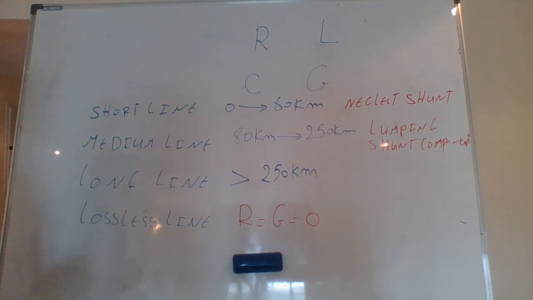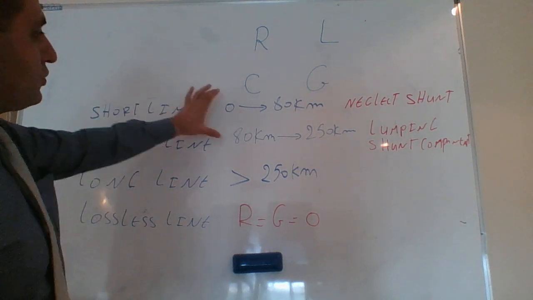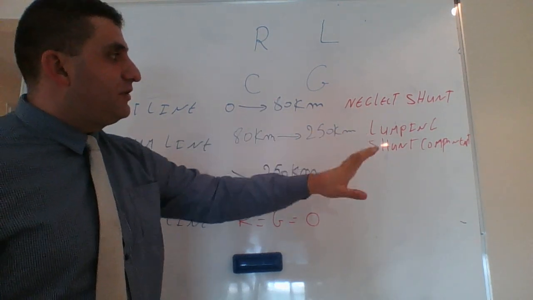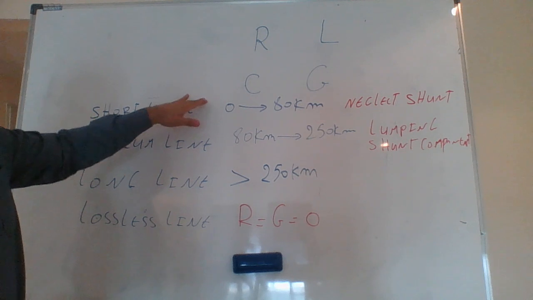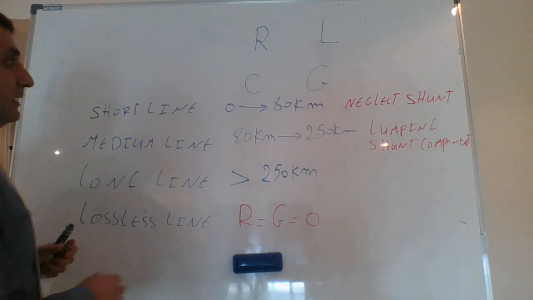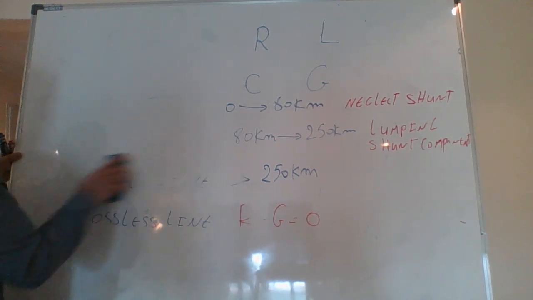Is that clear? Okay, great. I need you to focus on these numbers: 0 to 80, 80 to 250, bigger than 250. We are going to study each one of them, and we will do an example on each. Let's start with the short line.